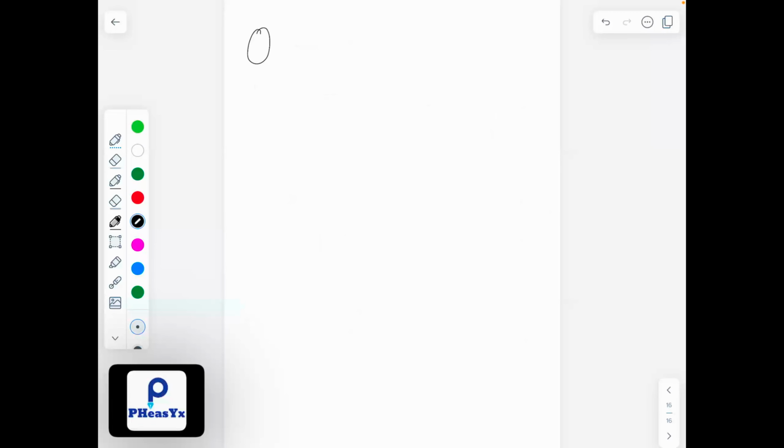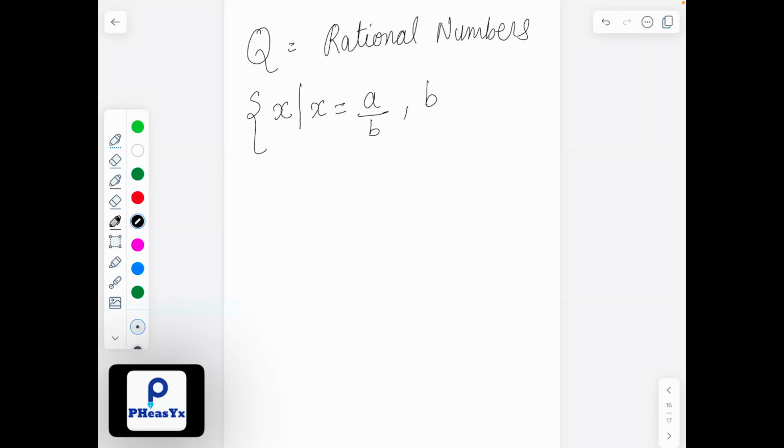Next is set Q, which is called rational numbers. All numbers which are in the form of a by b, where b cannot be 0. So our denominator cannot be 0. In this way, we write the set notation for our rational numbers.